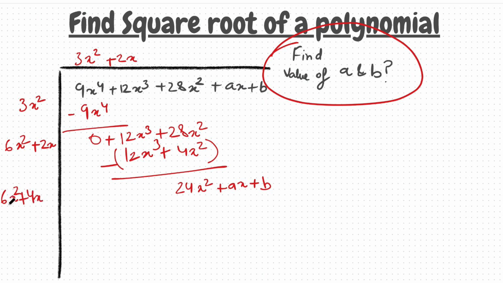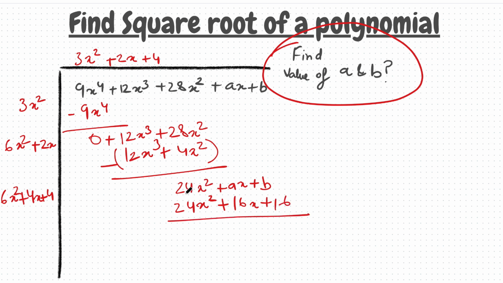Now what should be multiplied with 6x square to obtain the 24x square? So it is 4, so let's put plus 4 here and plus 4 in the answer and multiply this whole expression with 4, and what we will get is 24x square plus 16x plus 16.